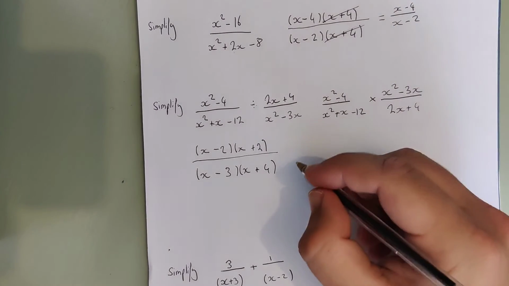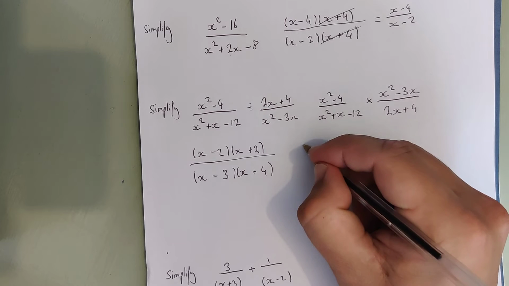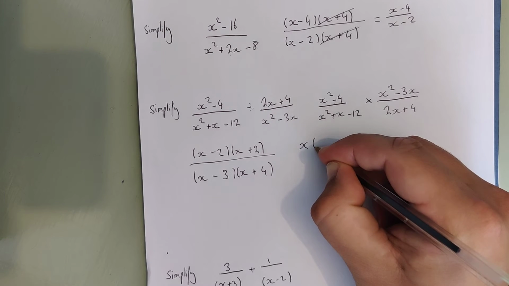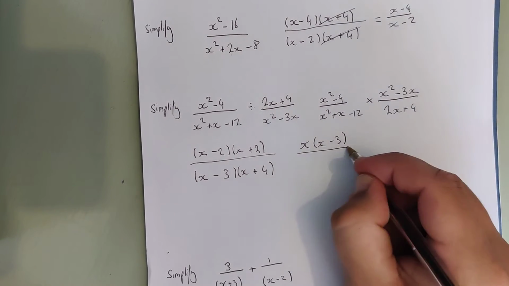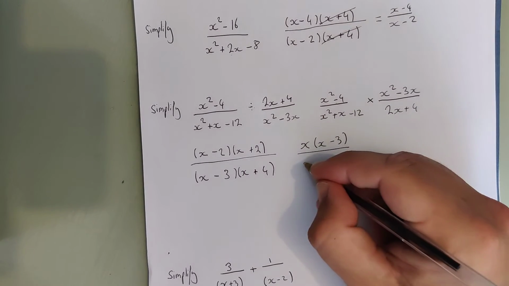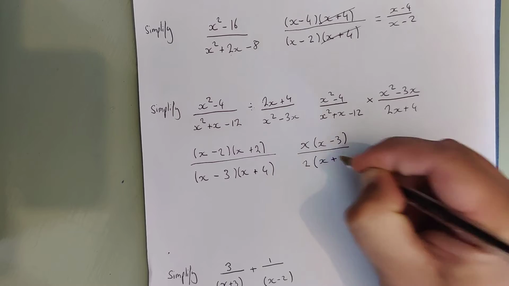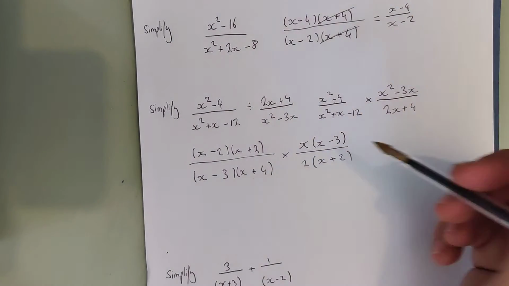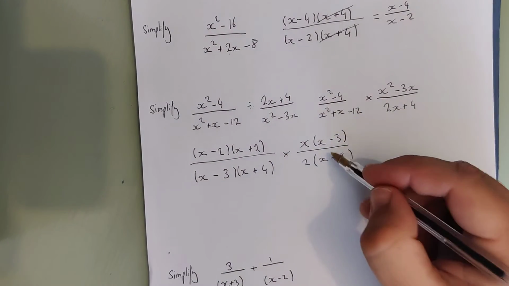And then the next one, x squared minus 3x, we're going to take out the x value, and on this one we're going to take out the 2. And because these things are multiplied together like previous ones, we can start cancelling things out.